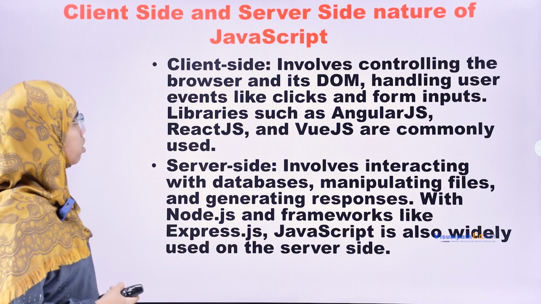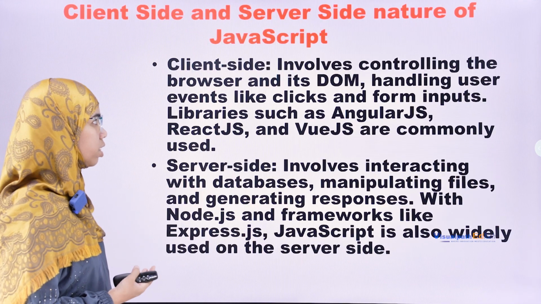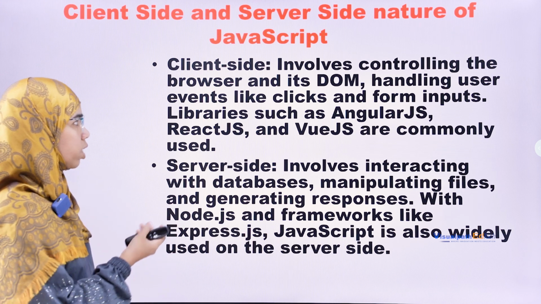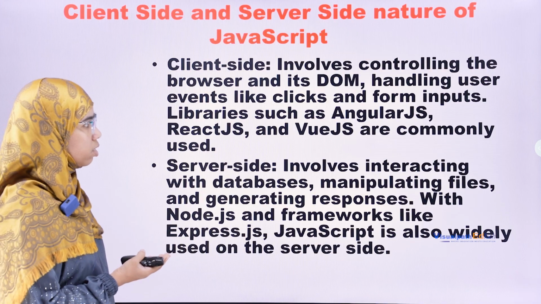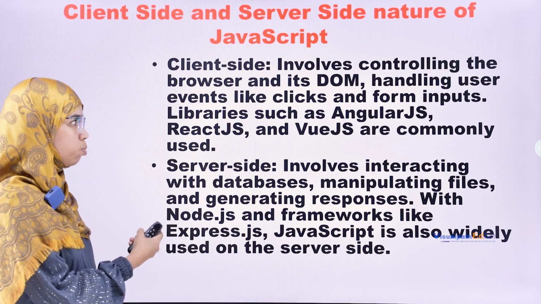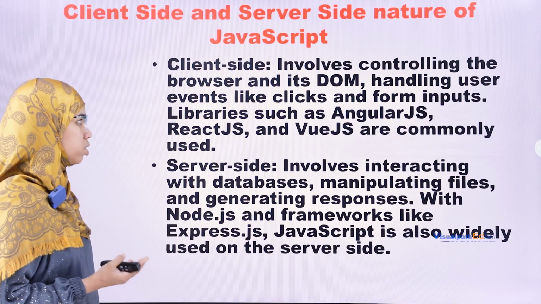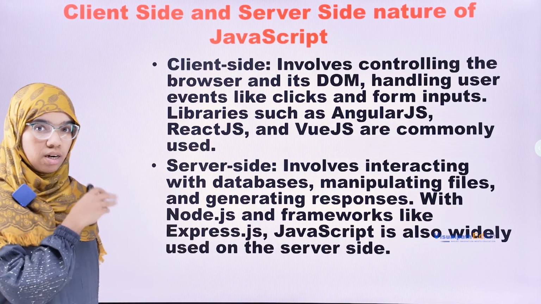Now, let's look at the client and server side nature of JavaScript. On the client side, it involves controlling the browser and its DOM, the Document Object Model, and handling user events like clicking on the page or giving inputs on a form. Libraries such as AngularJS, React.js and Vue.js are commonly used at the client side.